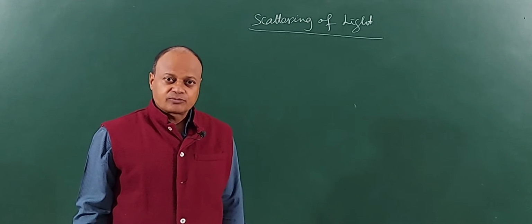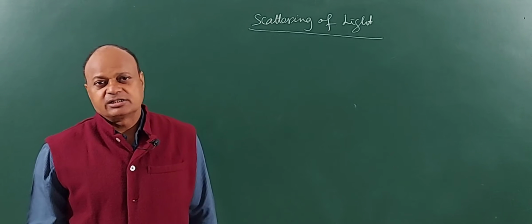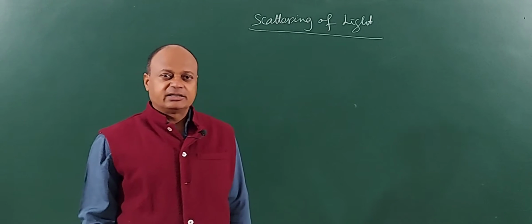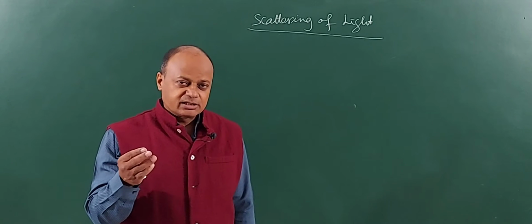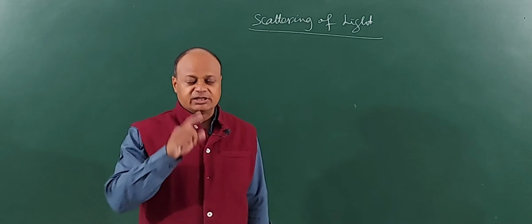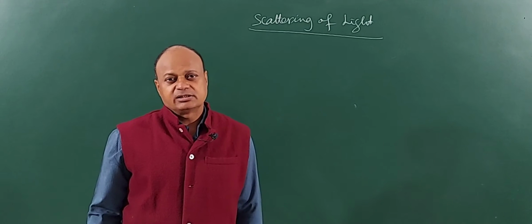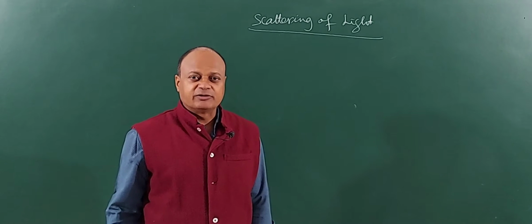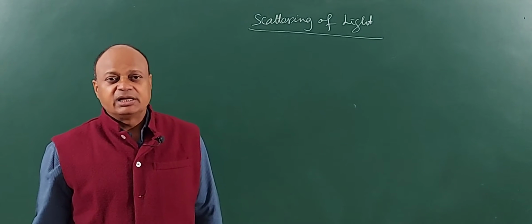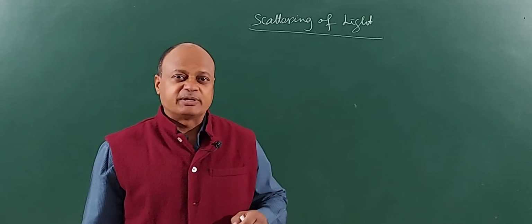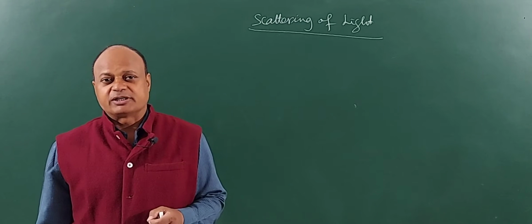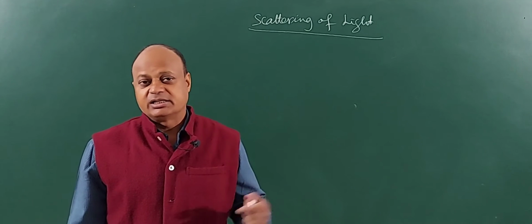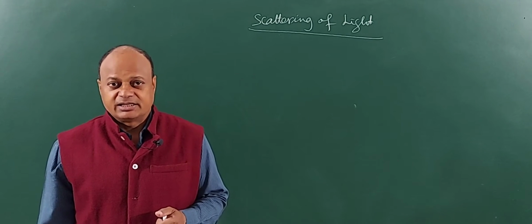And now, the intensity of the scattered light, of course, will be different from that of the incident light, and it will depend upon two things. One is the size of the particle, and number two, the wavelength of light that we are talking about. Clear? In order that light is scattered by a particle, it's important the size of the particle should be less than the wavelength of light used. Clear? If the particle is larger, then there will be no selective scattering.